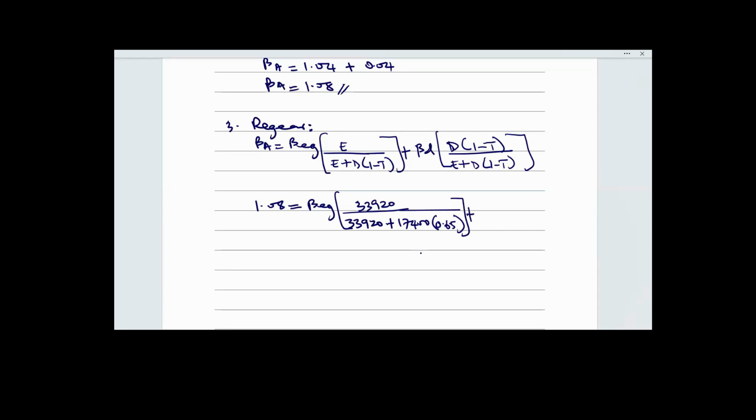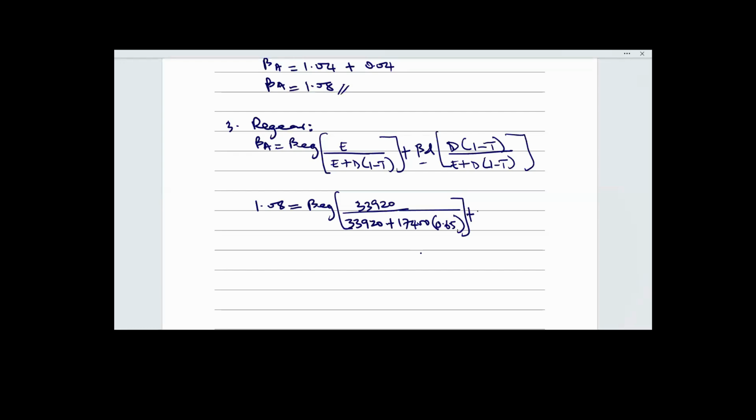Plus, again, the examiner told us to assume that both the proxy companies and Kilimanjaro have the same debt beta. In most cases, if you are not given the debt beta of the main company, you are going to assume it is risk-free. It is only when you are given the debt beta of the main company that you are going to use this big formula.